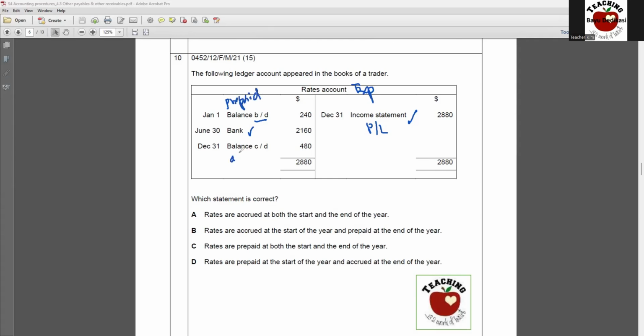Balance CD means this is accrued. Rates accrued at both is wrong, because one is prepaid and one is accrued. Rates accrued at the start is also wrong, because at the start it is prepaid. Rates prepaid at both is also wrong. Rates prepaid at the start of the year and accrued at the end of the year, so the answer should be D.